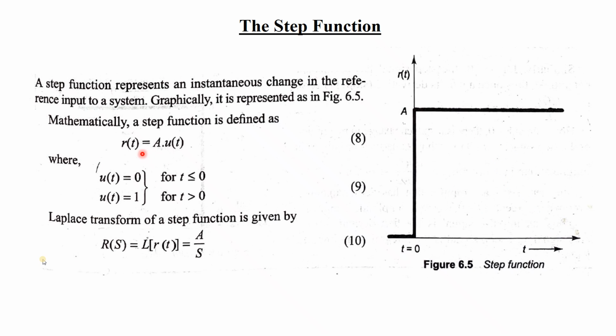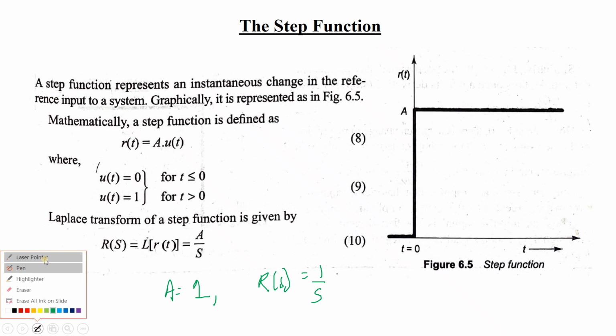But for the unit step function, the input in the time domain is 1 if A is 1, while the step function in the S domain is not 1; it is A by S. And if A is 1, then R(s) will be 1 by S. So if your system has an input signal of 1 by S, you will understand that the test signal being supplied to the system is a unit step function.